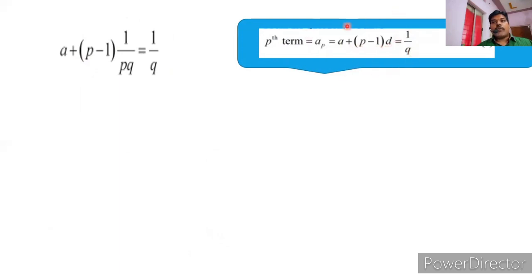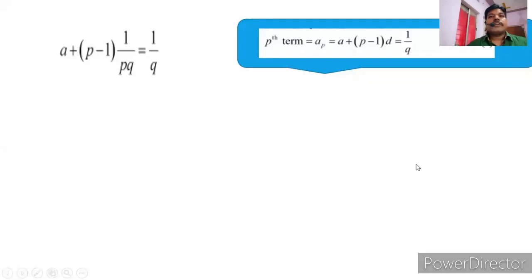This is equation number 1. So in this equation, we are substituting the D value. D is equal to 1 by PQ. So just replace that D with 1 by PQ. See students, A is equal to, so P into 1 by PQ, P into 1 by PQ, P and P will be cancelled, leaving 1 by Q. Take the 1 by Q to that side, it will become minus 1 by Q. Already 1 by Q is there.